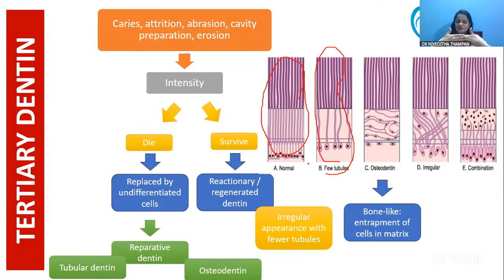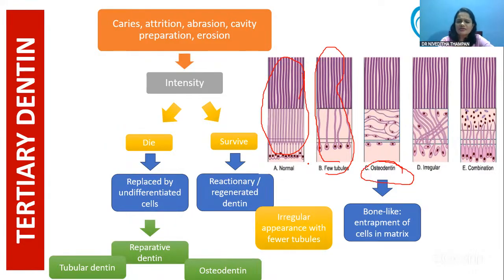Usually the cells move back and allow the matrix to get mineralized. But in defective cases like reparative dentine, these cells do not move back and get entrapped in the hard tissue, so it resembles bone. Since it resembles bone, it is called osteodentine.